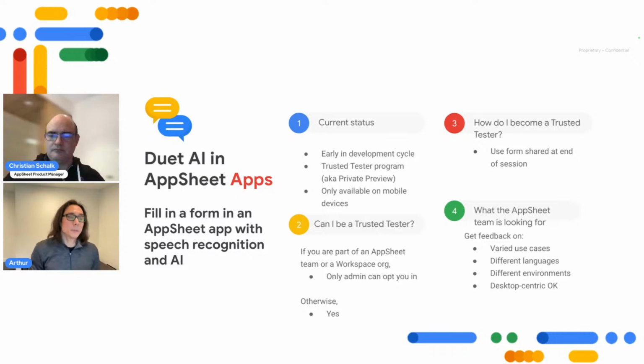Well, we want to get feedback, first of all, but we want to have a variety of use cases. We want to have, if possible, people with different languages that they speak, different environments. And so we're asking in the form if you can provide us some information around those things so that we can get enough of the variety that we're asking for.